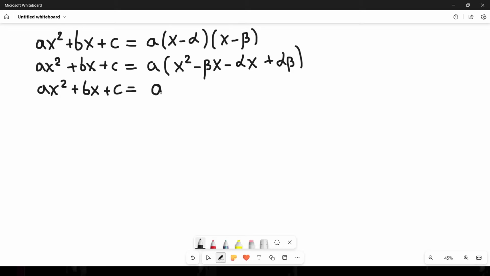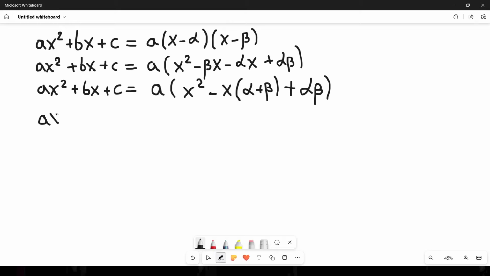I will copy the a coefficient as well, and we can gather the x's, so we can see how it becomes a quadratic equation. So x squared minus x, we will put it this way, times alpha plus beta, plus alpha times beta. And when we see that, we can unveil the a now.